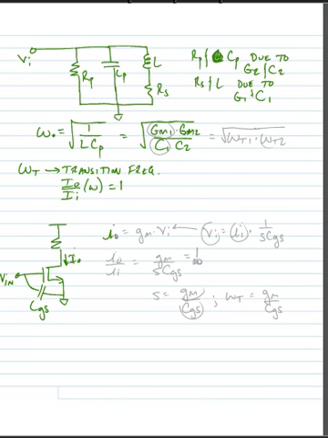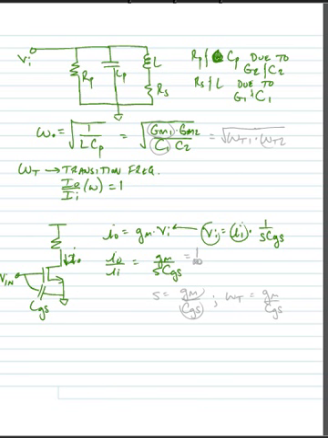So we could say that I out is equal to GM times Vn, and we know that Vn is equal to In times 1 over S times CGS. Substituting for Vn into this expression, we could get I out over In is equal to Gm divided by S times CGS.